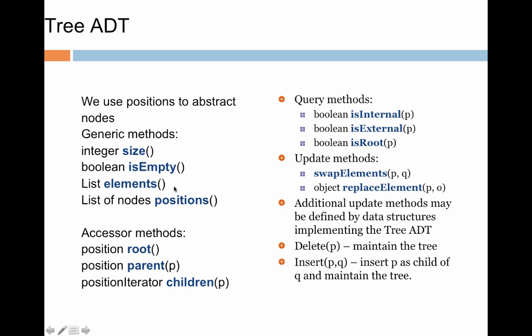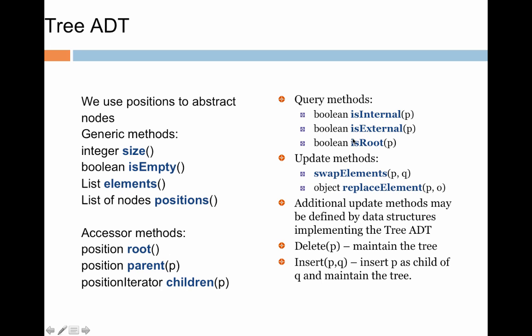So as you can see, these are generic methods which ask for the values, ask for the positions, ask for data associated with the tree. These are accessor methods which tell you information about whether a node is a root of the tree, or what its parent and children are.